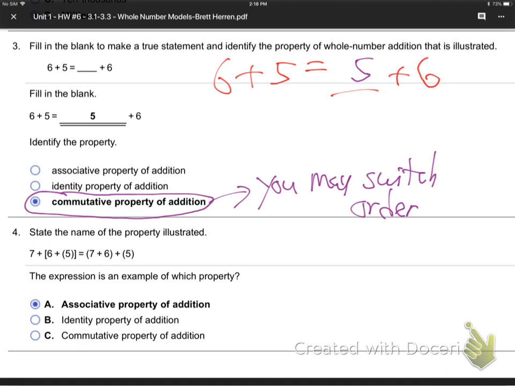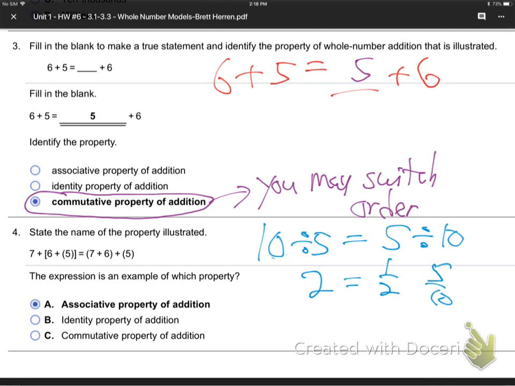How about for multiplication? How about 6 times 5? Is that the same as 5 times 6? Yeah, so multiplication is also commutative. Order doesn't matter. You can switch the order. And finally, how about for dividing? Let me do one that works. Like 10 divided by 5, is that the same thing as 5 divided by 10? No, that's 2, and that's a half, really, 5 over 10.